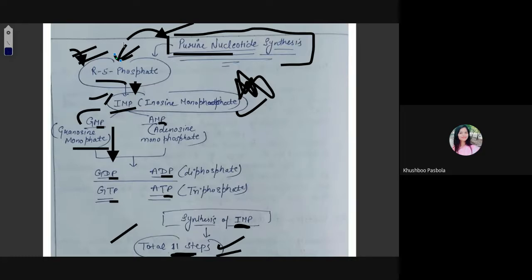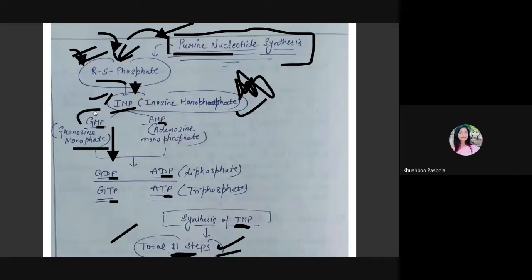By that pathway, we obtain this ribose 5 phosphate. This ribose 5-phosphate will convert into IMP, that is inosine monophosphate. Then this IMP will convert into GMP, that is guanosine monophosphate, and on the other hand, it converts into adenosine monophosphate.